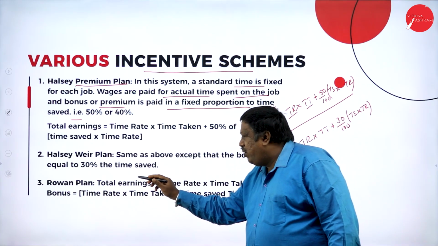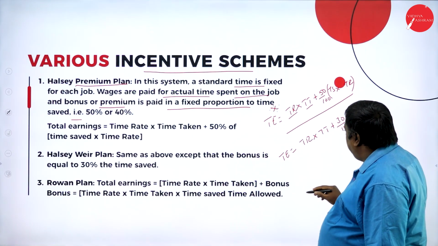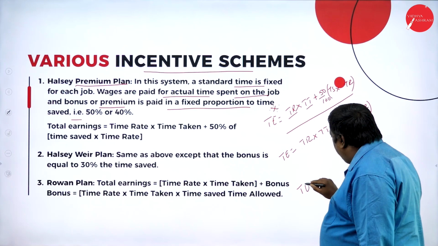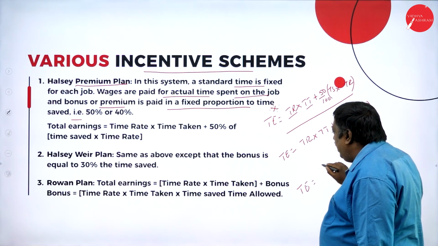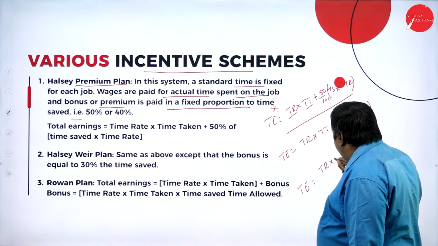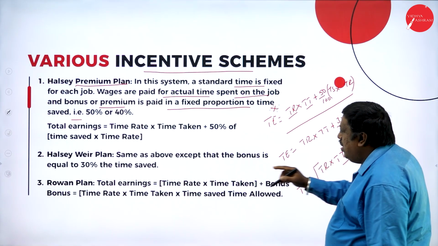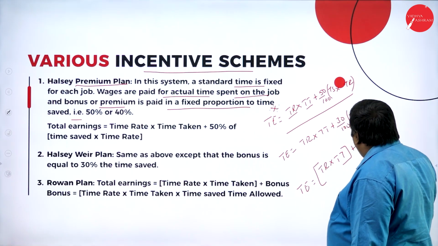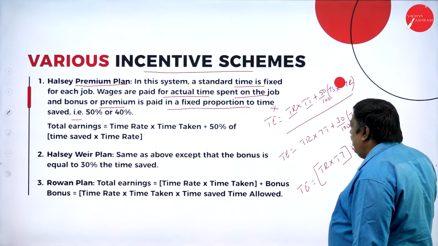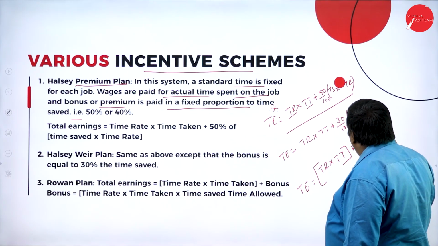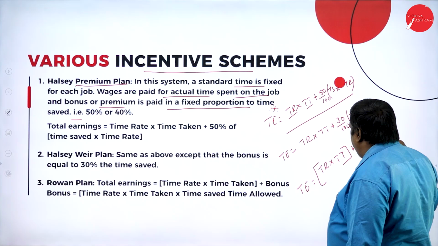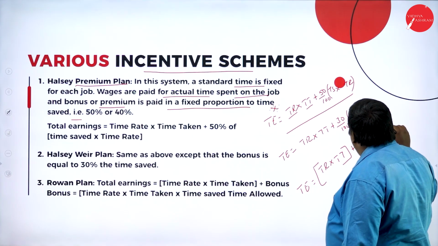And next we have the Rowan plan. The Rowan plan says total earnings equals time rate into time taken plus time rate into time taken divided by time saved into time allowed.